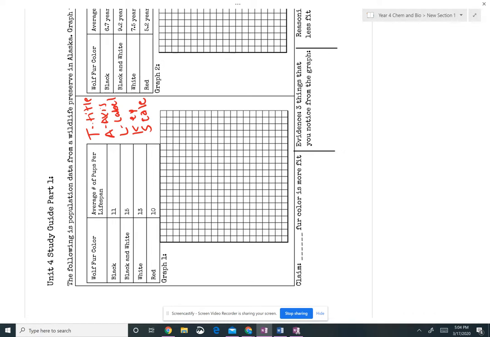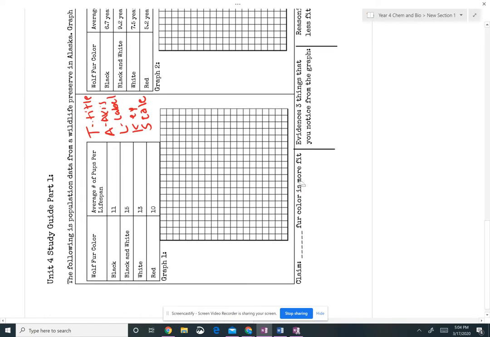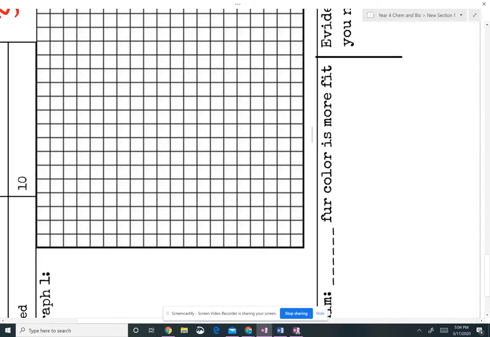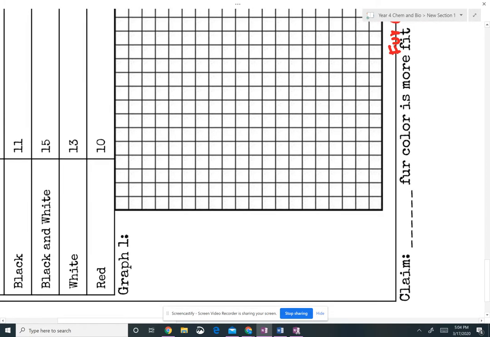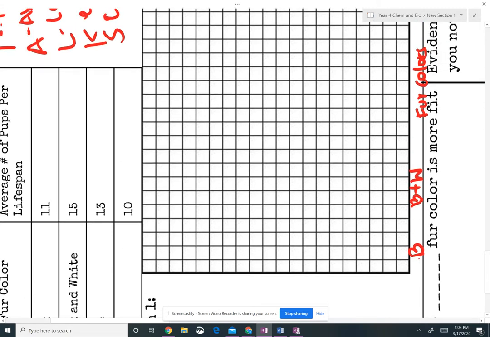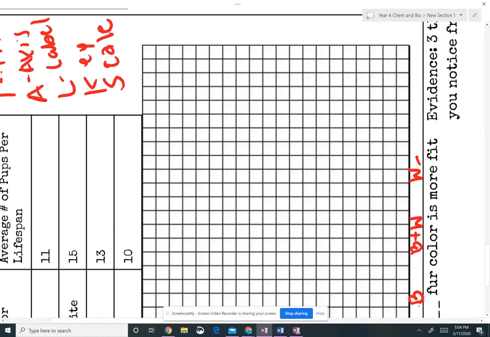So you have your different fur colors, so you should have a fur color section on here. All of these things are going to be fur colors. You have black, black plus white, white, and then you have red.